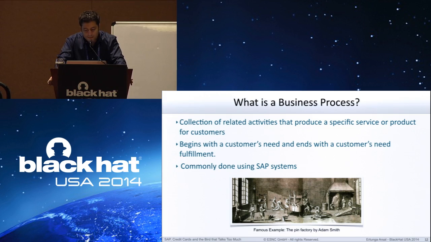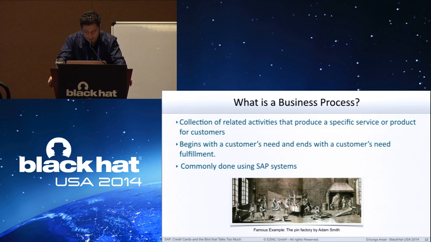The famous example here is the pin factory by Adam Smith. Adam Smith said in a pin factory, instead of each person producing pins, if they find a way to divide these tasks into different smaller tasks, which is called division of labor, and then people get specialized in these tasks, it is possible to increase the efficiency.